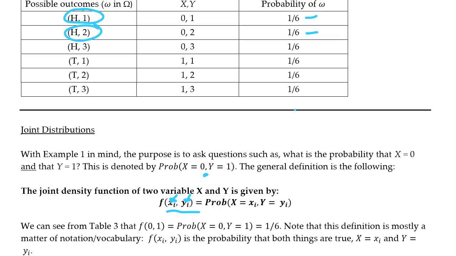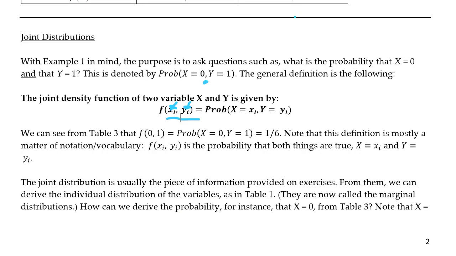So this comma here also means and. Now you can see from table 3 that this probability equals 1/6, because that's the way we chose to model it. Because stating the joint distribution is how I define a model, usually in the exercise I have to tell you what the joint distribution is.